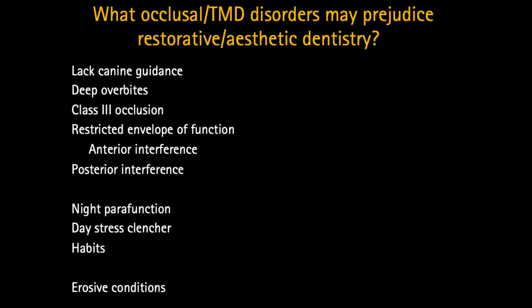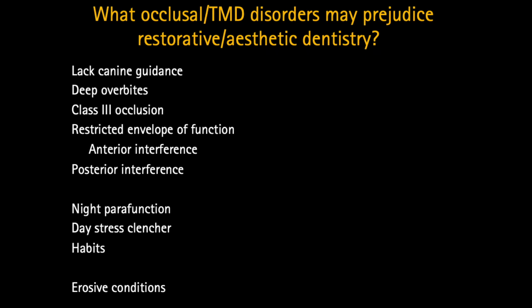Sometimes patients can cope well with these disorders, but a lot of the time they are causing problems. Particularly the tooth position problems, this is an issue as well, because if you put restorative dentistry into a restricted envelope, for instance, this can be very damaging and the restorations will fail very, very quickly.